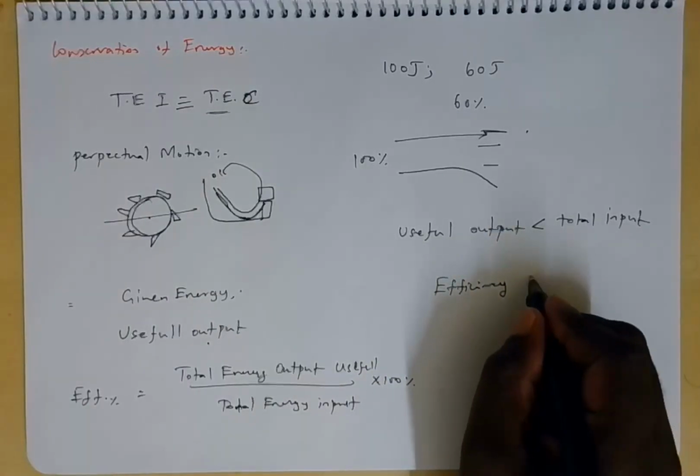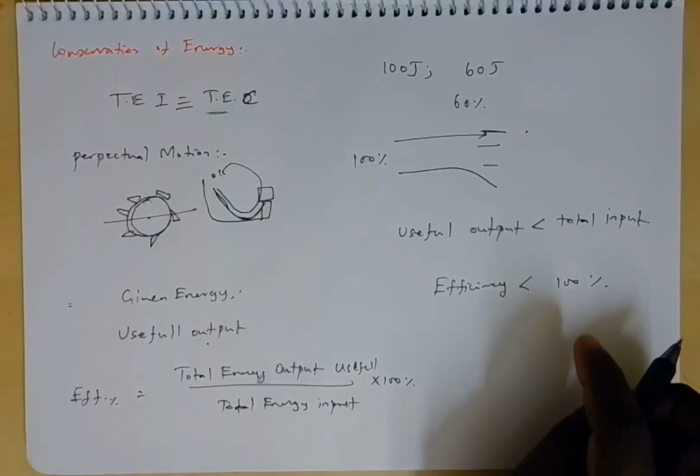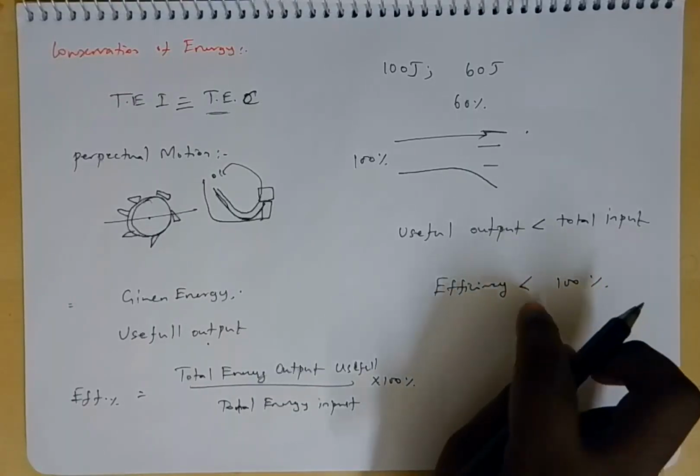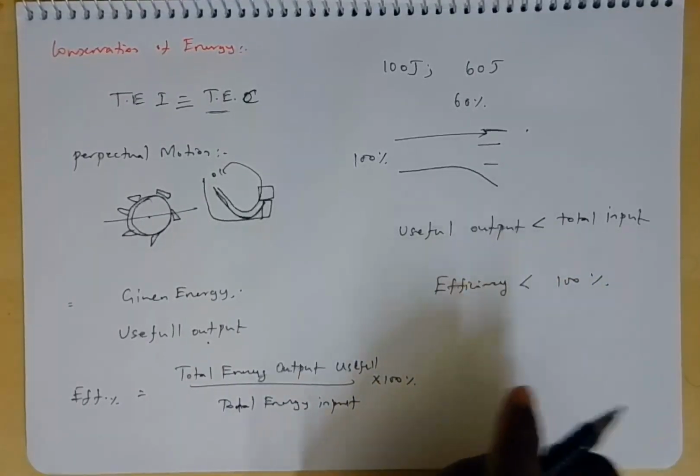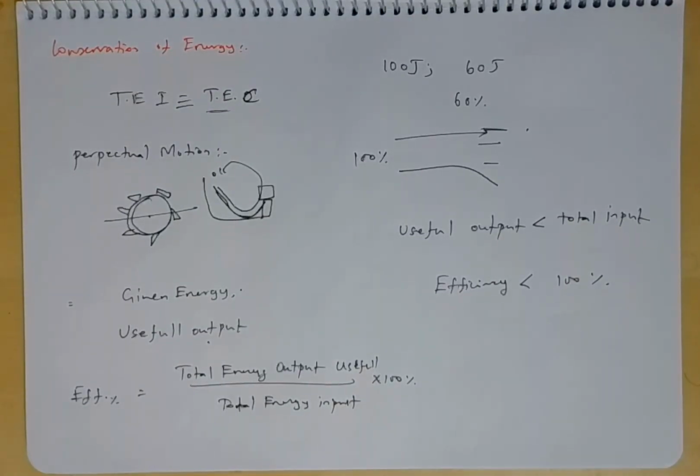It is always less than 100%. It's not less than or equal to, it's always less than 100%. So by design we cannot get 100% efficiency. Is it clear, sir?